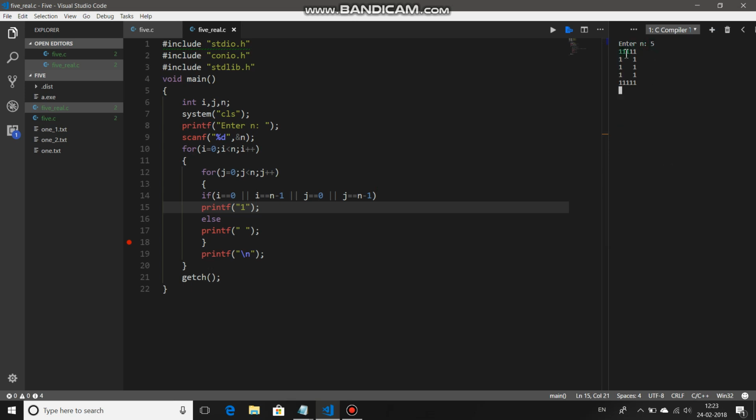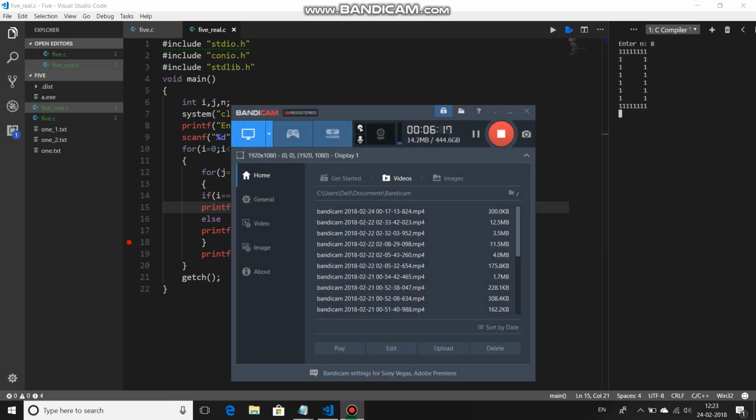Okay, this is the pattern what we were looking for. Let's try it for n more than 5. Let's see, 8. You can see that it's running completely well.